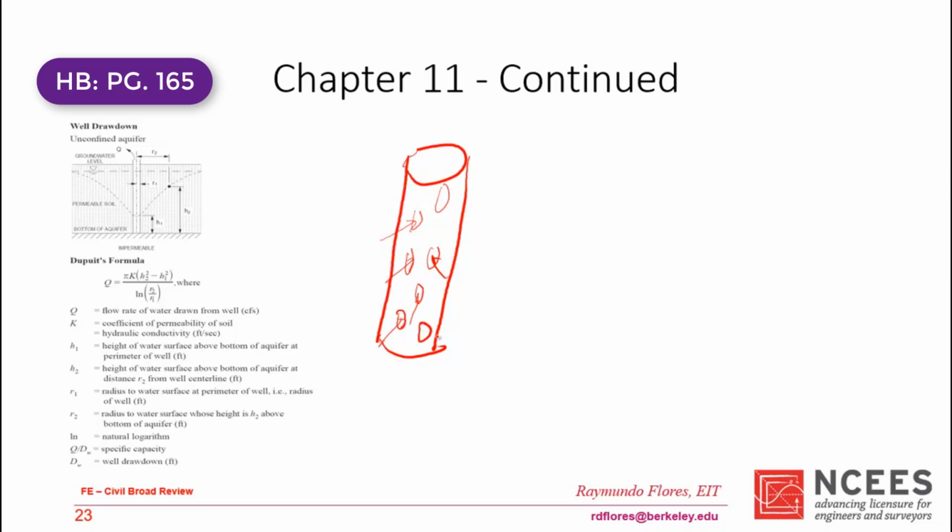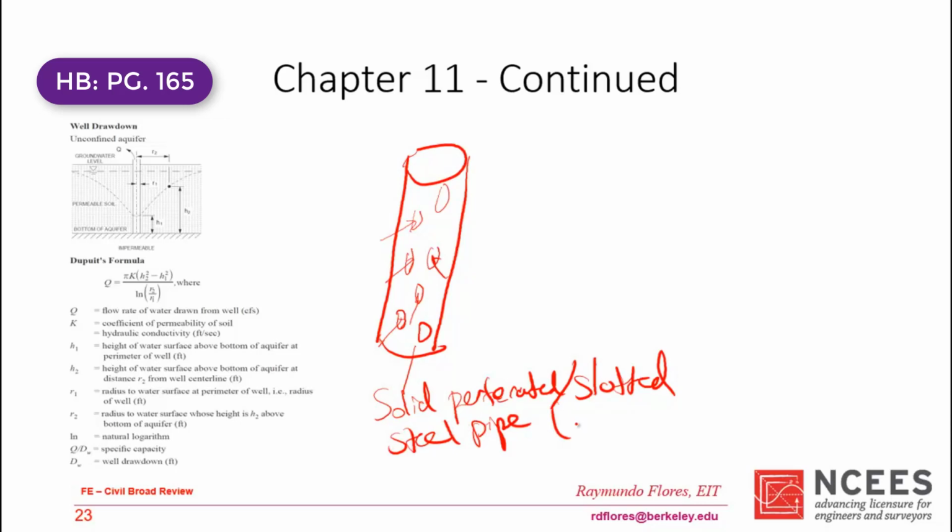So this is the solid, perforated, slotted steel pipe, allowing water to flow inside, perpendicular to it. That's why we're working out the equation that way. It's not coming from the bottom or whatever. This is the way it is.